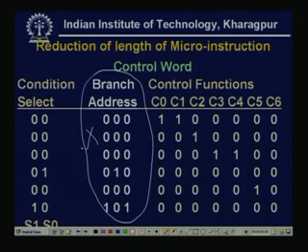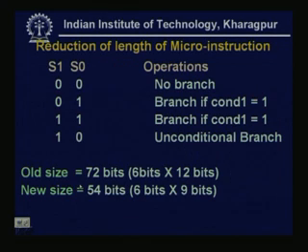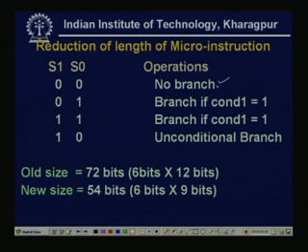Now the size will be only the condition select and the control functions. The select will be 0 0, 0 1, 1 1, 1 0 and the operations are no branch for 0 0, branch if condition 1, branch if condition 2, because here there are only 2 branches, and this is an unconditional branch. This is go to 2 and go to 5 for this particular example, and it will always be 0 0 whenever there is no branch.